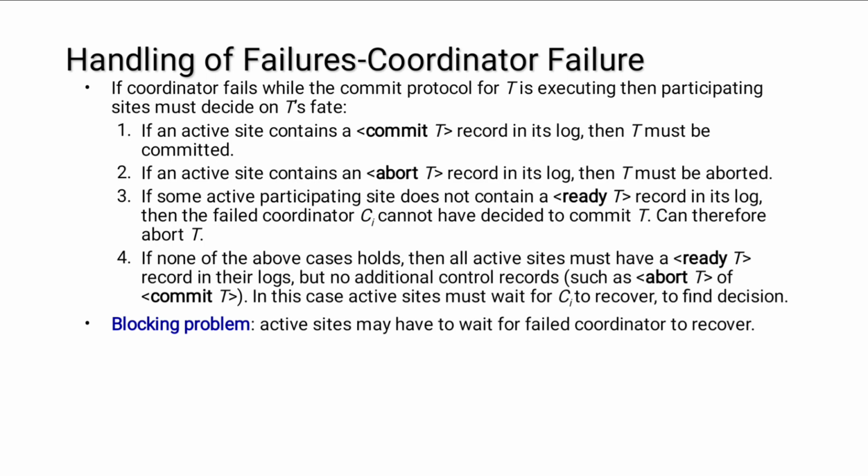If some active participant does not contain a ready T record, then the failed coordinator cannot have decided to commit T, and can therefore abort. Because the coordinator itself failed, ready T is not available for that site, so in that situation abort is performed.